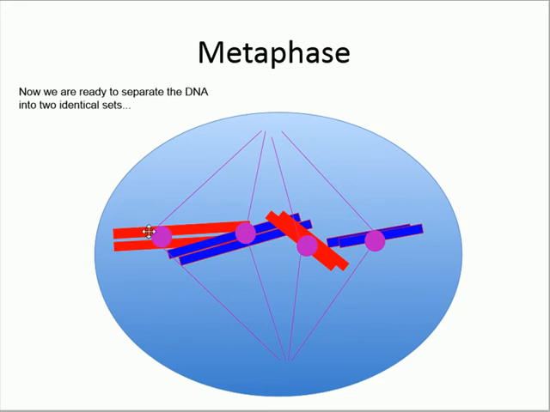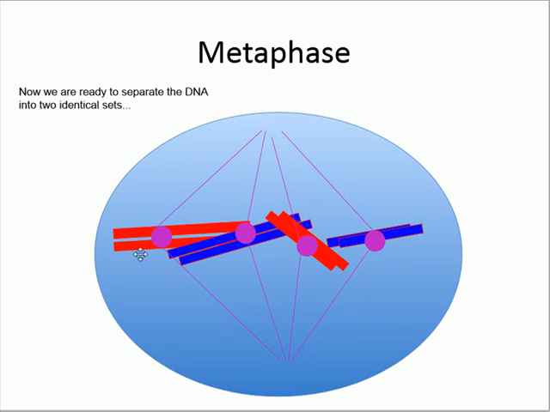And notice that the chromosomes are lined up in the middle of the cell and more or less end to end. And you can see the spindle fibers attached to the kinetochores. And the reason this happens is because the spindle fibers are going to pull the DNA molecules that are part of each duplicated chromosome in opposite directions. So for example, this one here is going to get pulled in this direction.